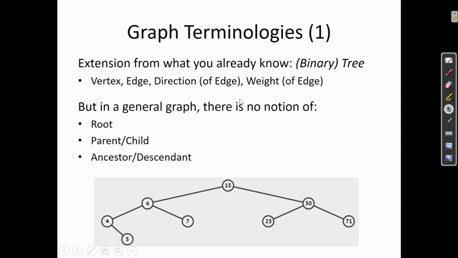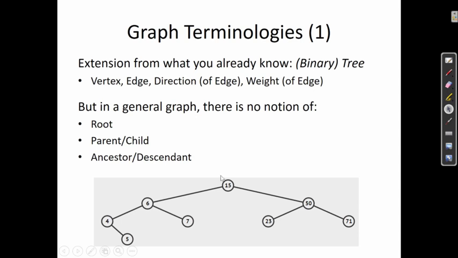So the difference between the trees that you have learned so far, binary trees or binary search trees, and a general graph is this. In a general graph, there's no notion of the root. There's no notion of parent-child relationship or ancestor-descendant relationship. So for example, this graph given below, it's a binary search tree.